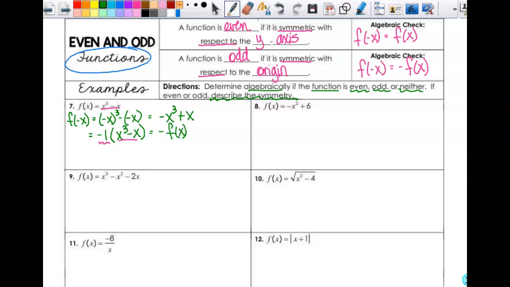So since it equals negative f of x, that means that this is odd. And then we write, because it says describe the symmetry, that it is symmetric with respect to the origin. We can abbreviate a little bit.